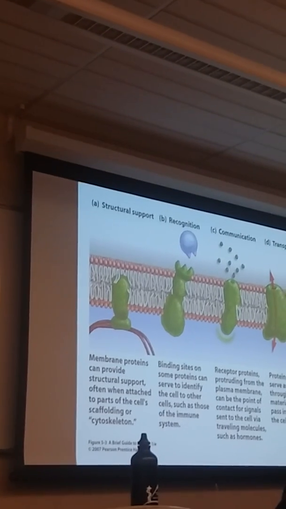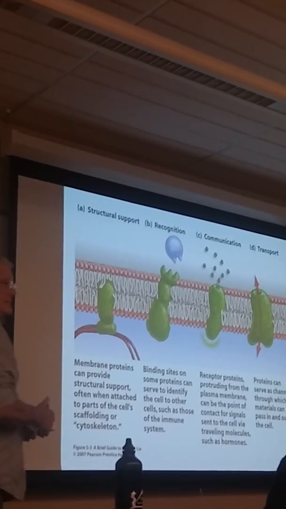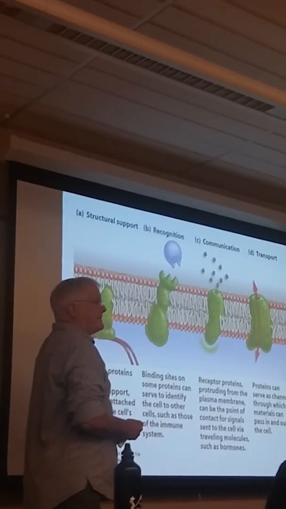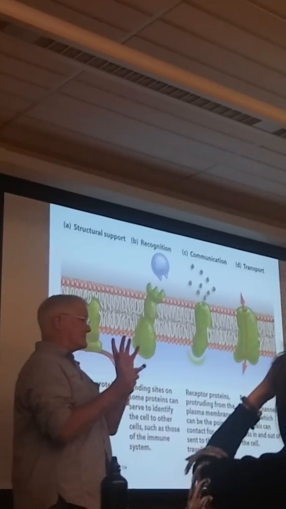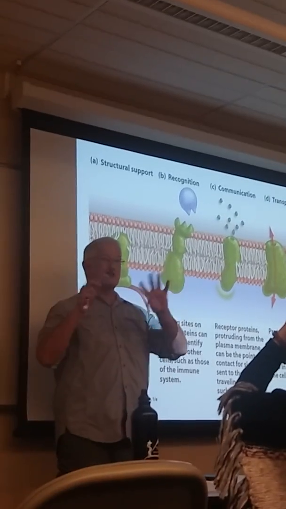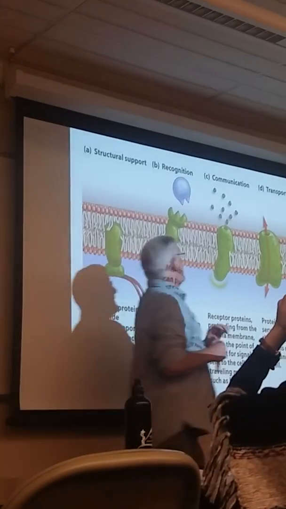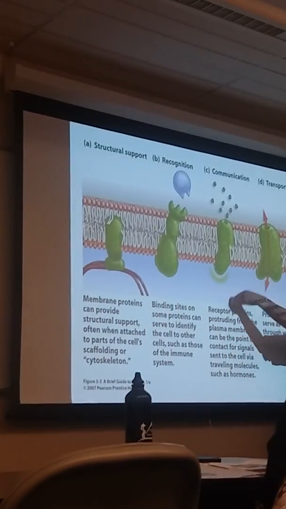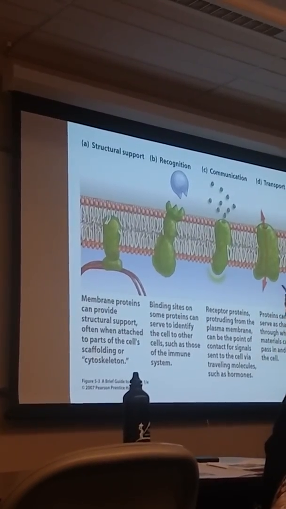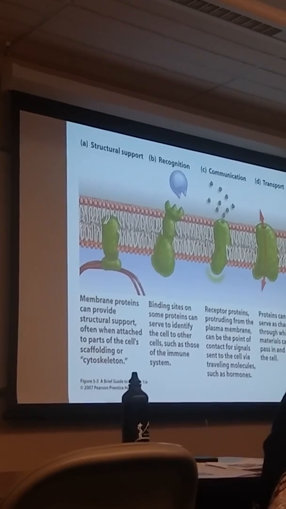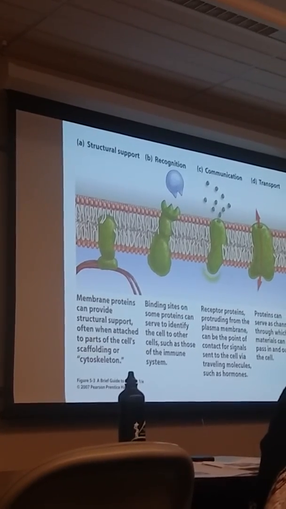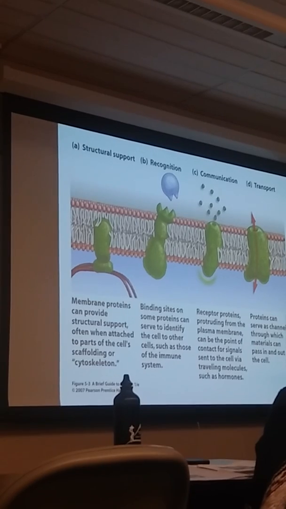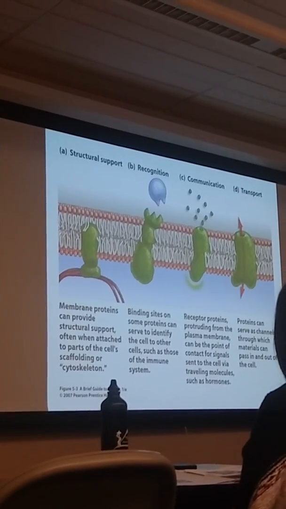So I get the channel part, but what's the receptor part? Well, FYI, don't worry about this right now. Some of your channels are always open. We're going to call them leaky channels. Some are like a door.